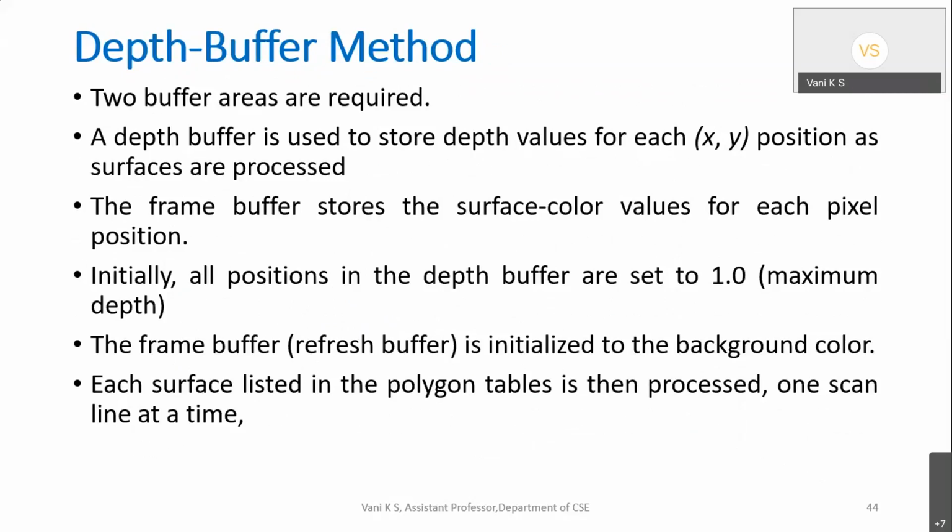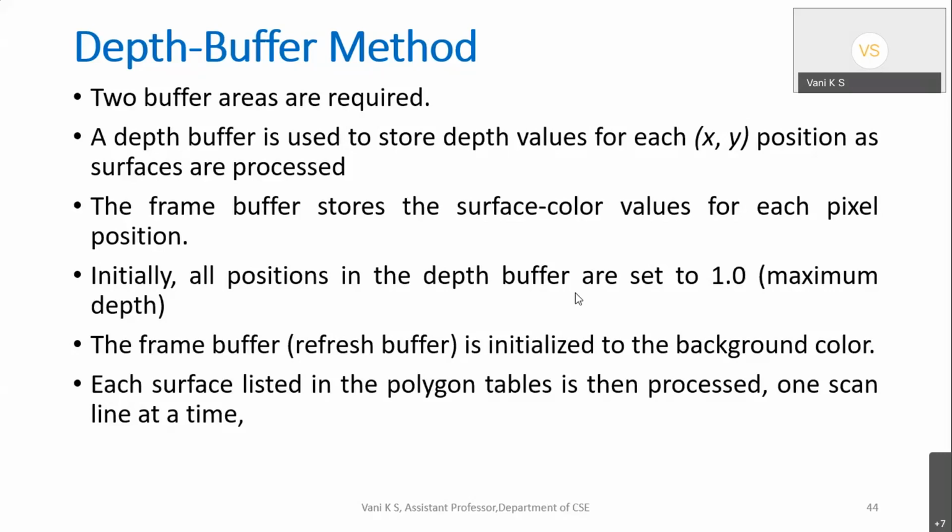It is the distance from the view position to the object position. The depth information will be stored in the depth buffer, and the color information will be stored in the frame buffer. So to carry out this algorithm, you require two buffers.